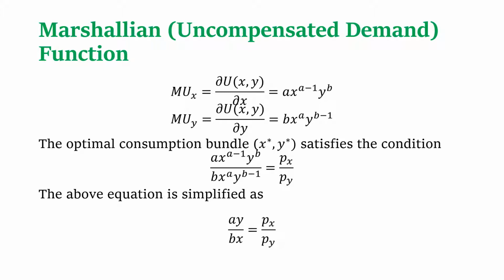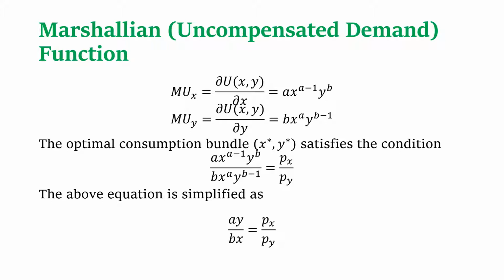So now let's find the marginal utility of good x, which is du(x,y)/dx, which equals... Now remember, when we are differentiating, we are holding y constant. Since x is raised to the power a, all we need to do is concentrate on the exponent of x, which is a. We subtract 1 from that exponent, and then we multiply by the whole utility, x to the a, y to the b.